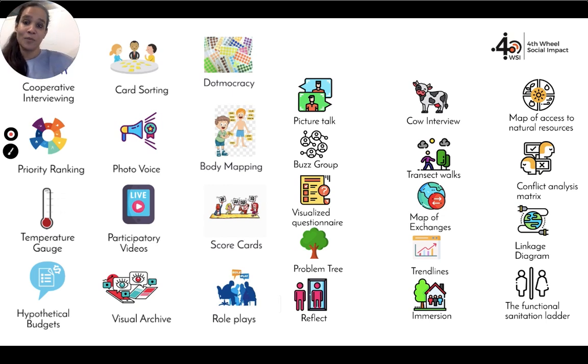So maybe we didn't consider that students cannot reach high school, and hence their aspirations are very low and they feel it's quite pointless to study. There could be multiple things that come up when you ask stakeholders or participants themselves to answer these broad overarching questions.